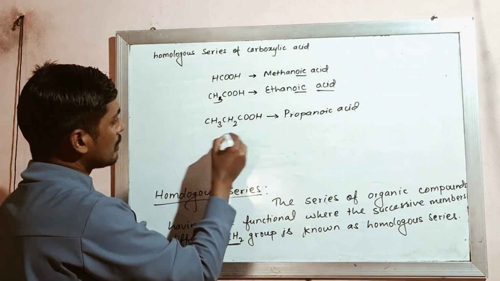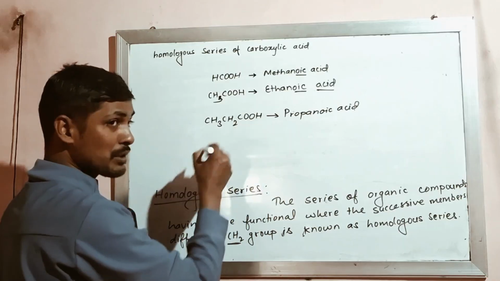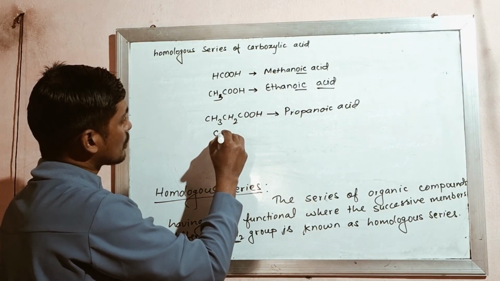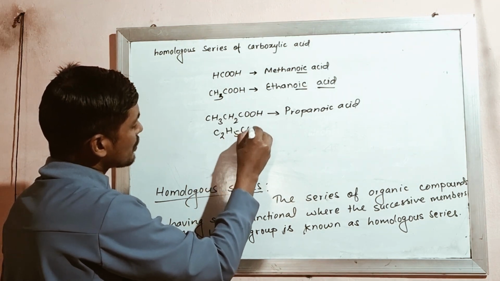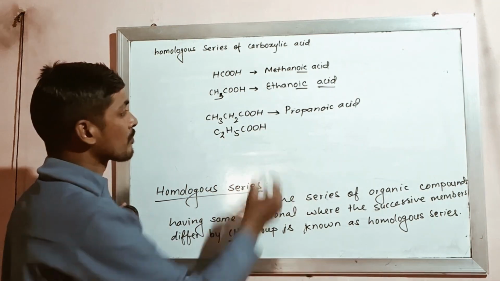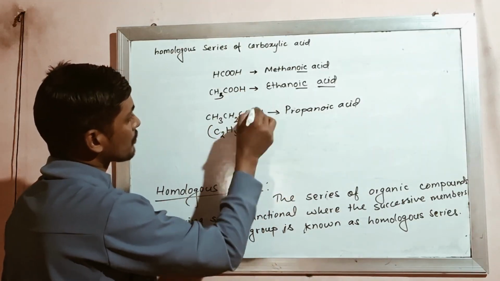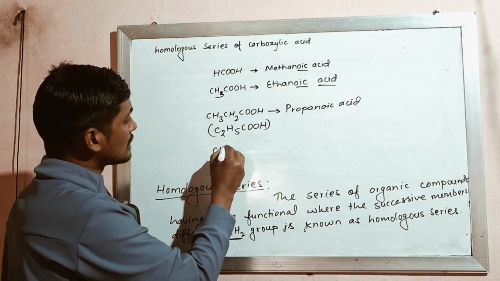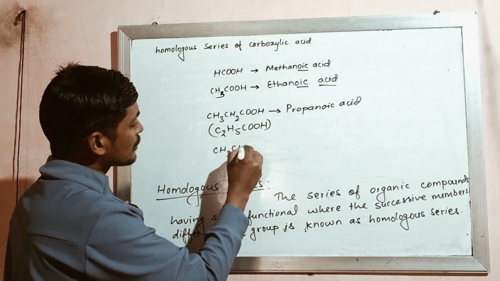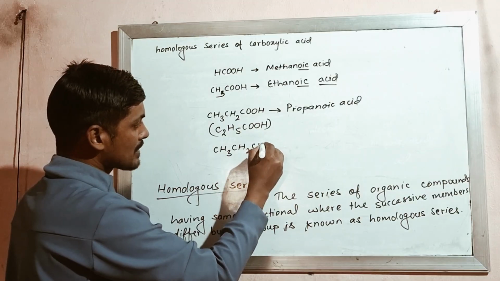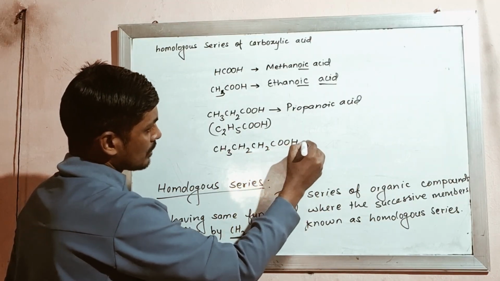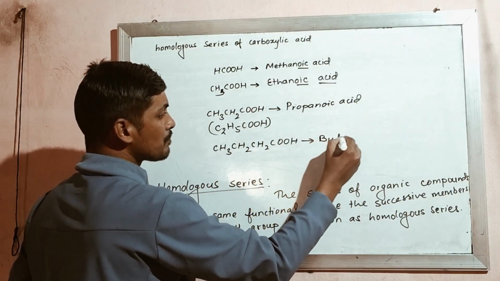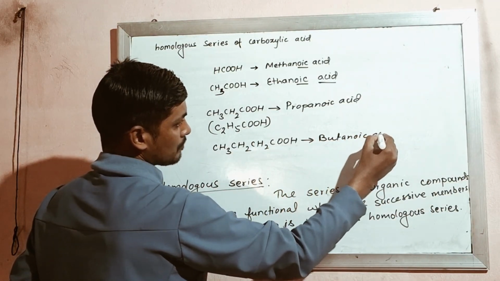We can also write this as C2H5COOH for propanoic acid. Then the next one is CH3CH2CH2COOH. Since there are four carbons, its name will be butanoic acid.